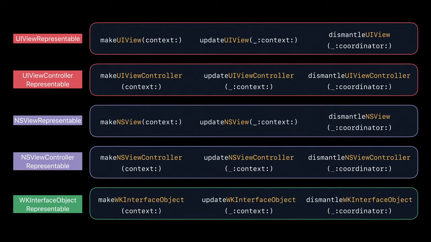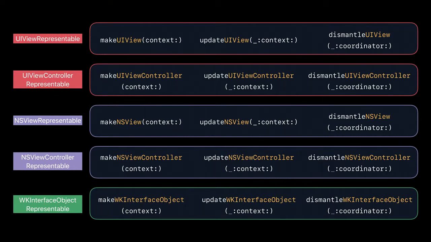For AppKit and UIKit, these protocols can be used to present views and view controllers in SwiftUI. For WatchKit, we can use the WKInterfaceRepresentable protocol to present a subset of WKInterface objects in SwiftUI. You can look up the full list of supported WatchKit objects on developer.apple.com.